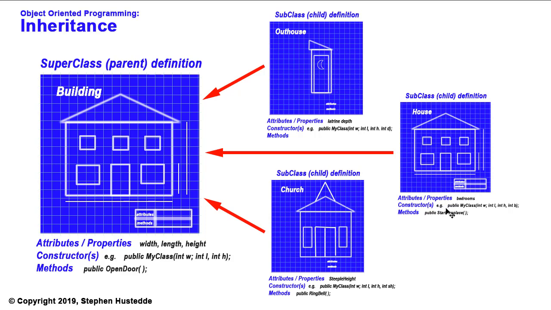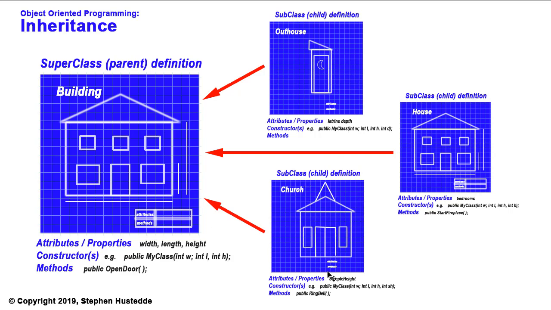Now, a subclass might have a unique method that is not part of the superclass. So in this case, the subclass has a public method called start fireplace. And I should have probably a void in there, public void start fireplace. But we're going to assume that only a house has a fireplace, an outhouse does not, and a church does not, which is my third type of subclass.